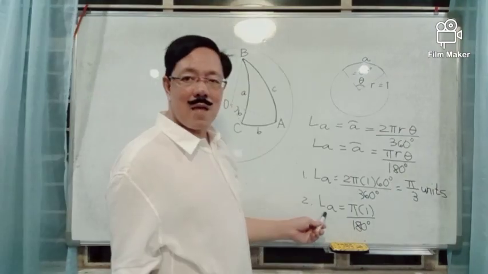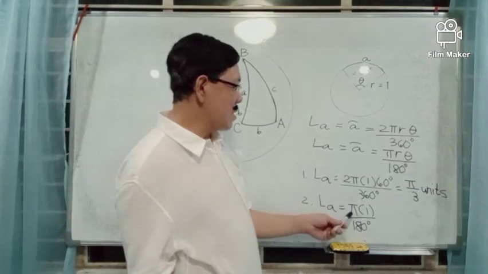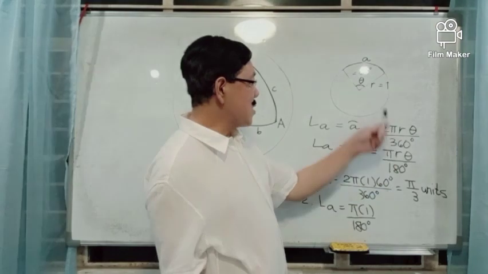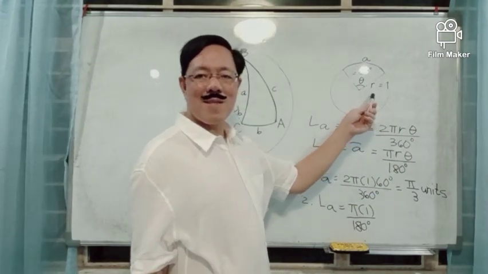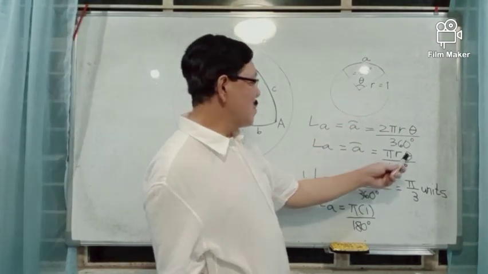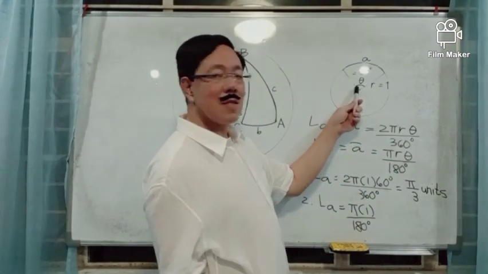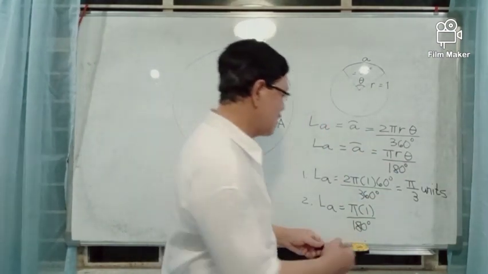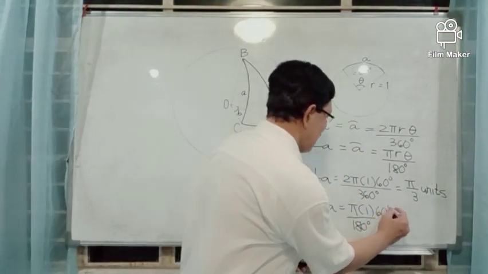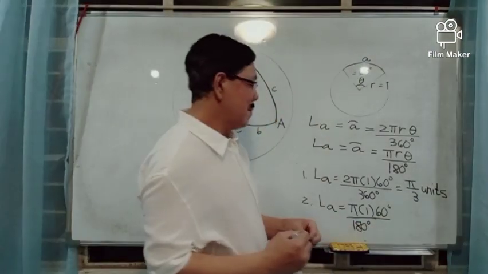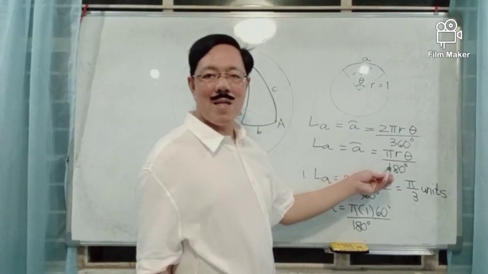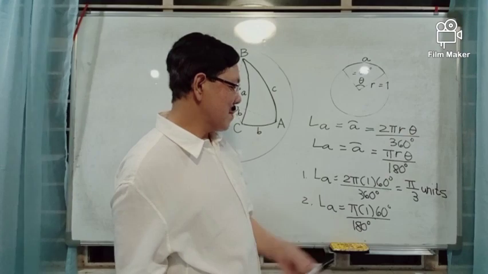Our radius is 1 unit because it is a unit circle. Multiply by the central angle theta, 60 degrees, and divide by 180 degrees.